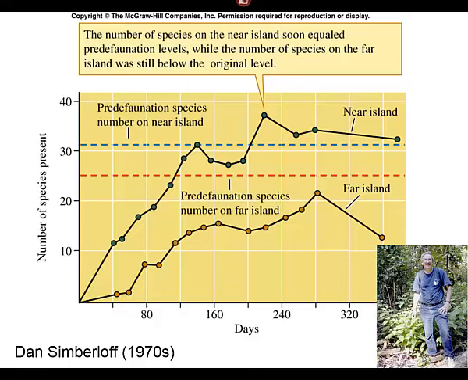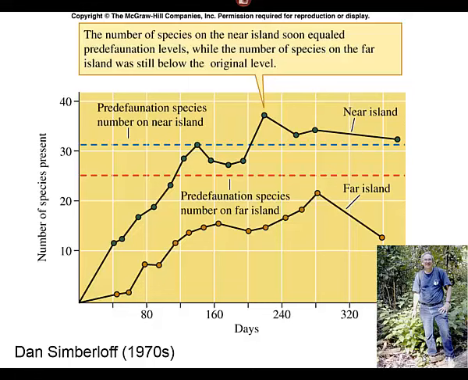It's pretty fascinating to me how the near island, of course, with a higher rate of immigration, had this faster recovery, supporting the theory of island biogeography, and the far island also supports it, in that it took longer because of the increased isolation. So that's focusing on isolation, one of our two components involved in this model.